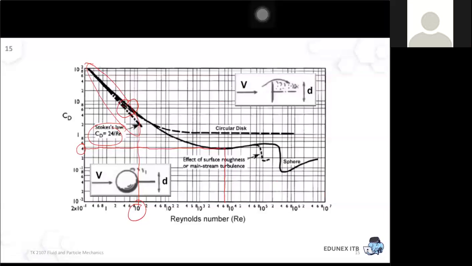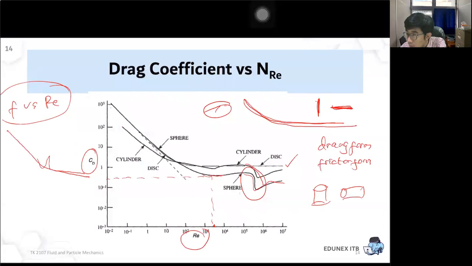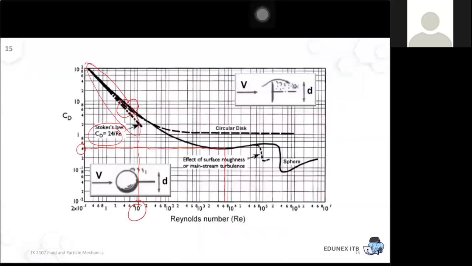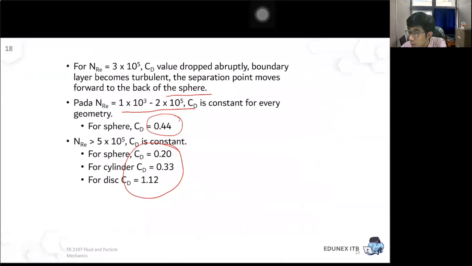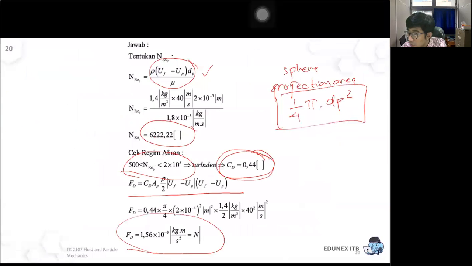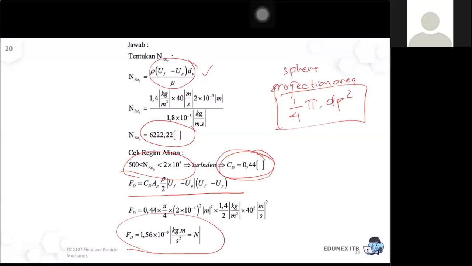Sir, there's a typo in the equation. Which one? The diameter, no, not this one, sir. The answer key just now. Okay. For the last equation, how you find FD, the diameter should be 10 to the power of -3, sir, not to the power of -4.